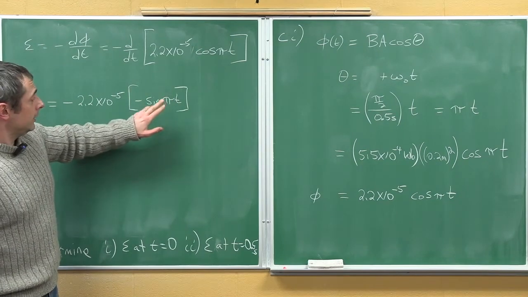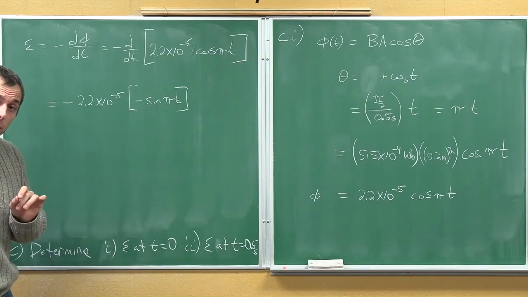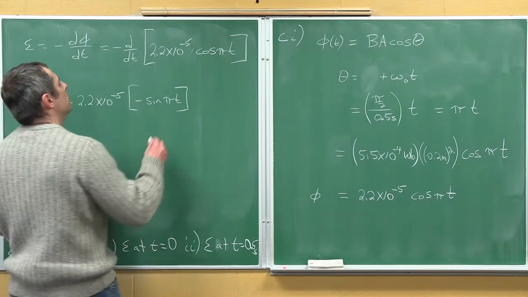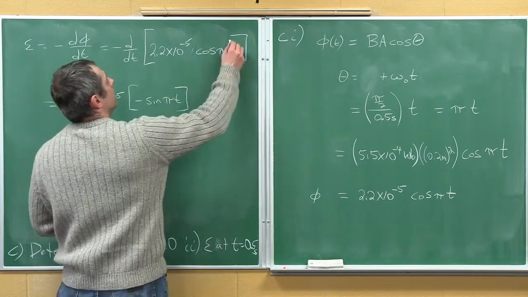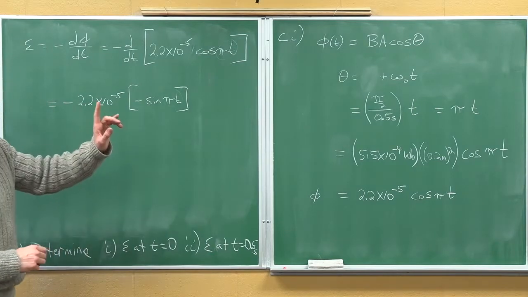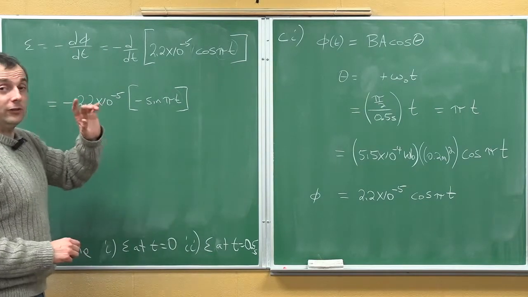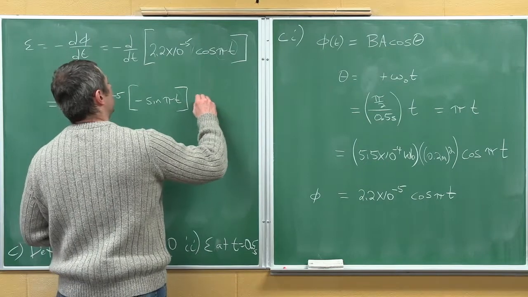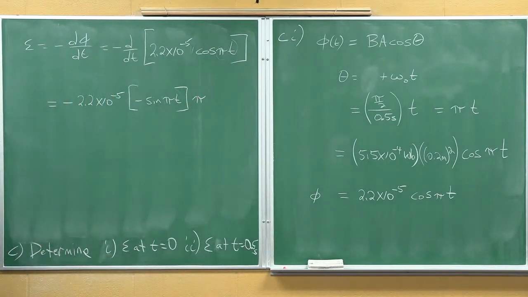But because the pi is there, we've got to use the chain rule. In other words, we now have to multiply by the derivative of what was inside the cosine function. The derivative of pi times time to the 1 power is pi times time to the 0 power. In other words, just plain pi.